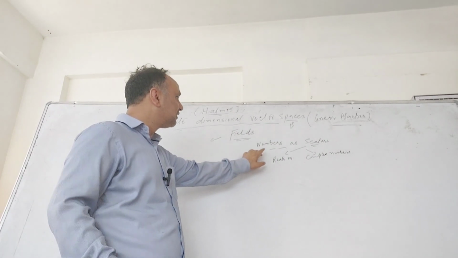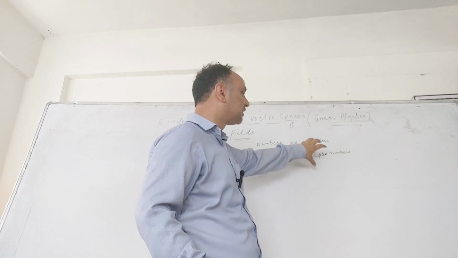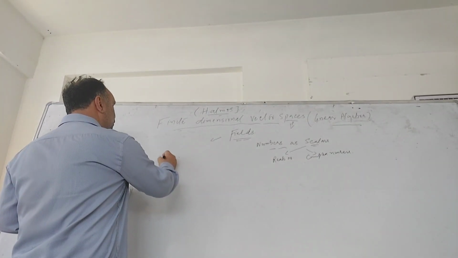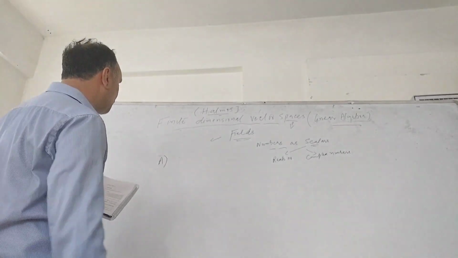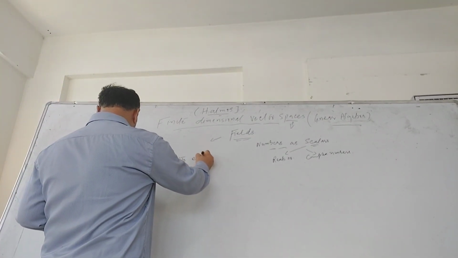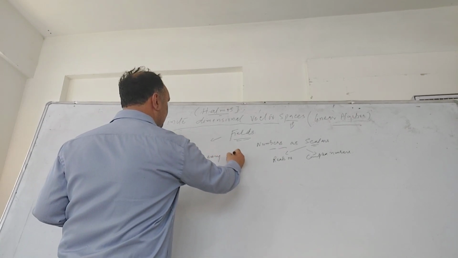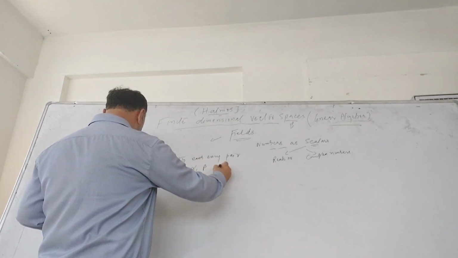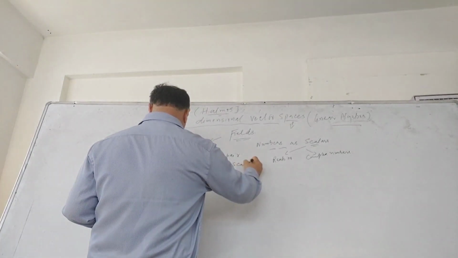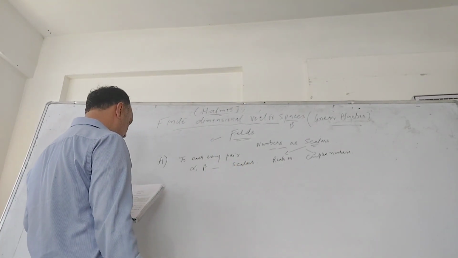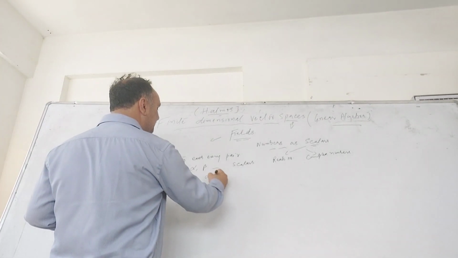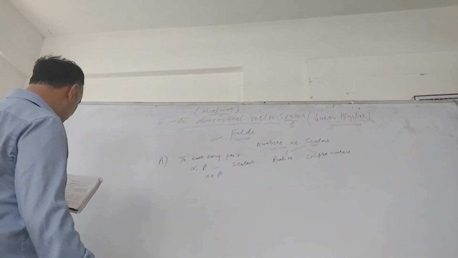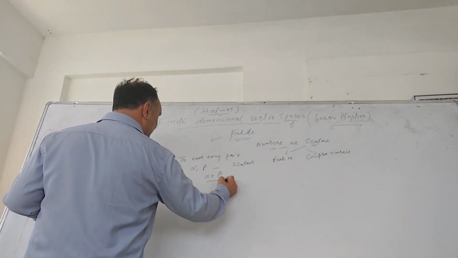If we assign these real and complex numbers as scalars and define some set of operations, then to every pair alpha and beta which correspond to scalars, alpha plus beta is scalar addition in some sense.